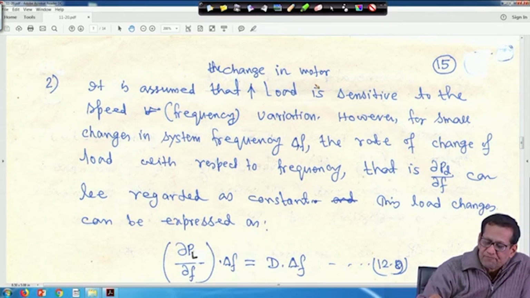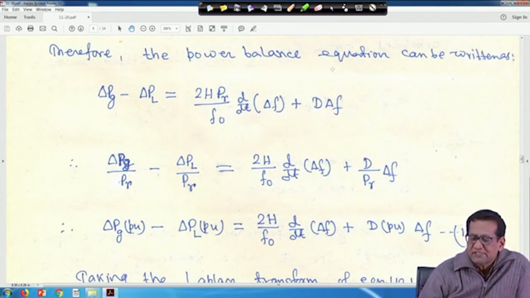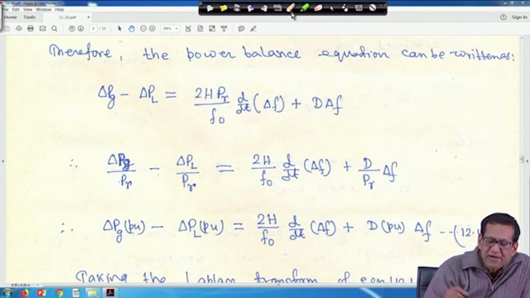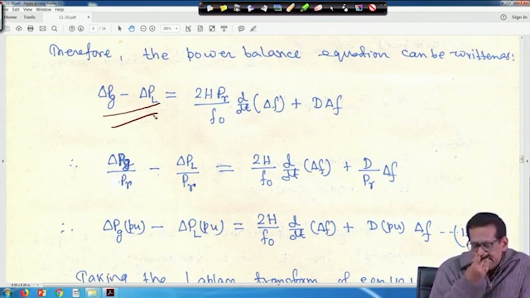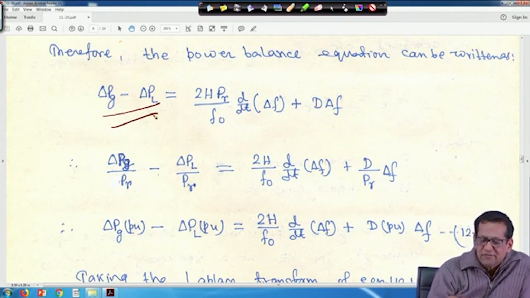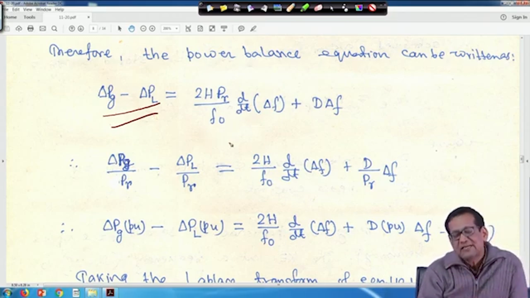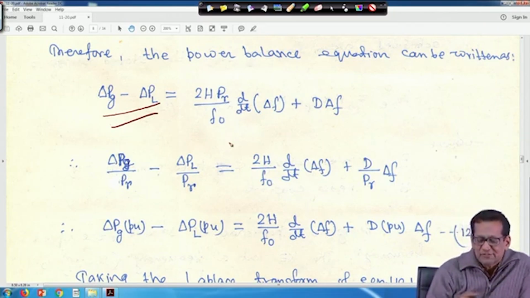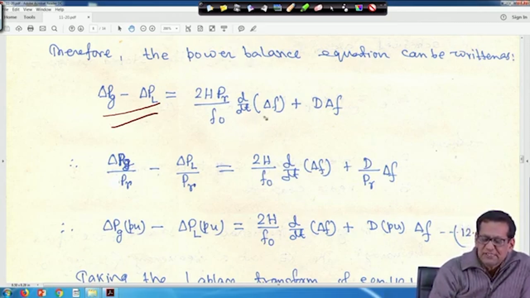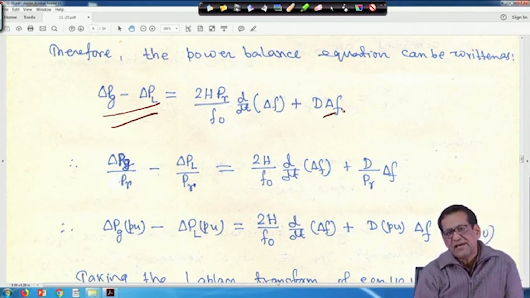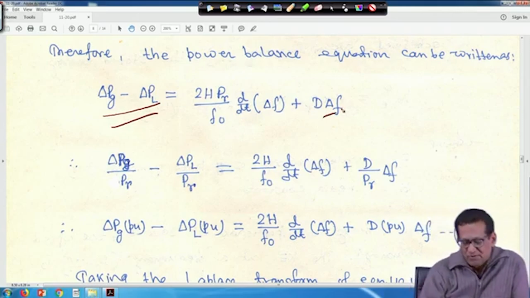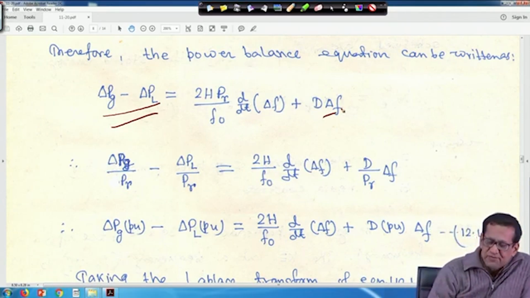Therefore, the power balance equation, because a transient imbalance has happened because of the change in load, delta Pg minus delta PL, can be written as 2H PR upon F0 d dt of delta F, that is d dt of WKE, as we have seen, plus this term D into delta F. Now, both sides you divide by PR.